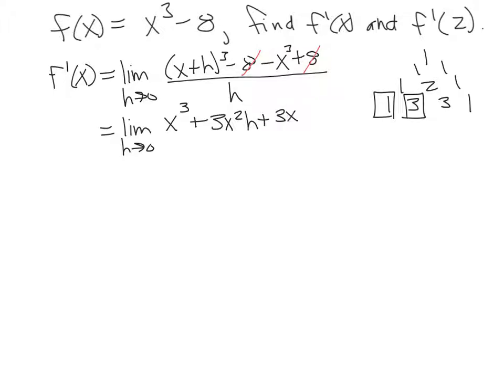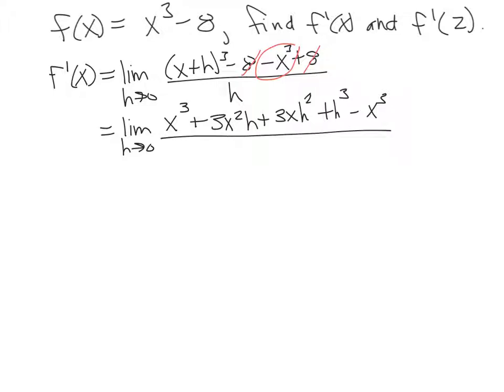Then we have 3xh squared, using up our other coefficient of 3, and then we have h cubed. And then at the end, we still have our minus x cubed to put in here. And we're dividing by h.